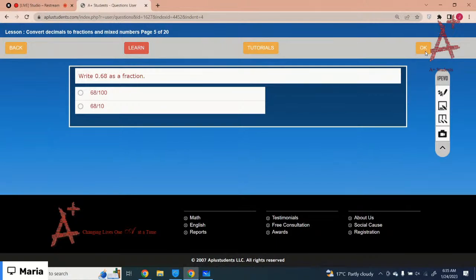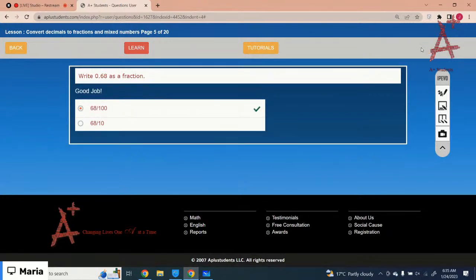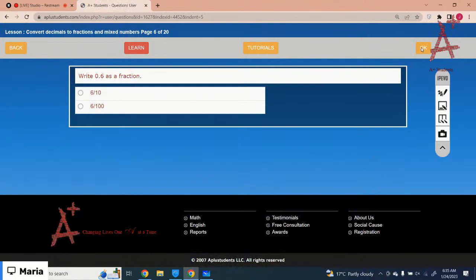Yes, that is 68 divided by 100. Okay, the next one is write 0.6 as a fraction. So which is the correct option?